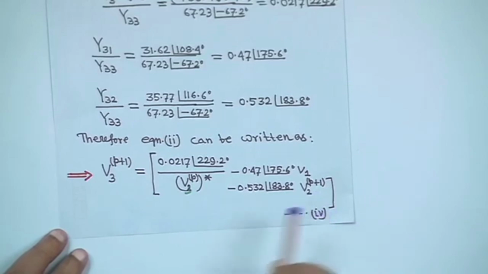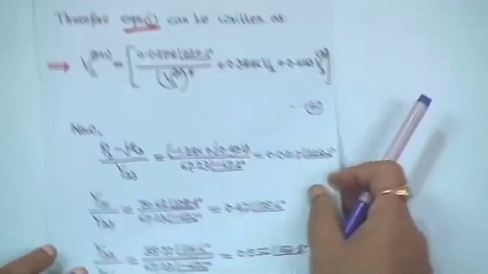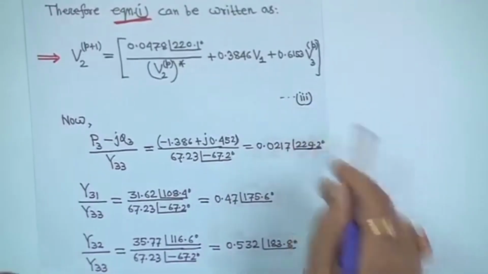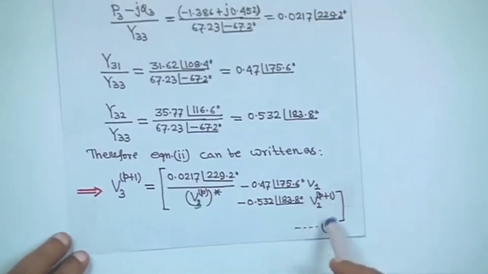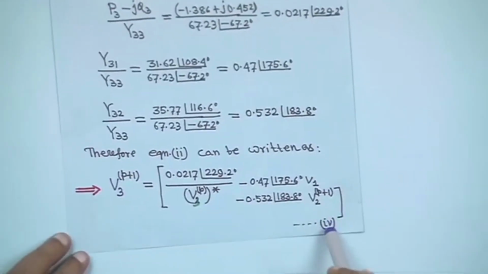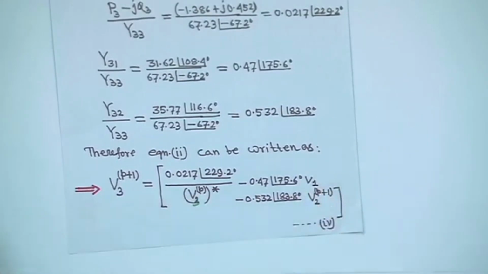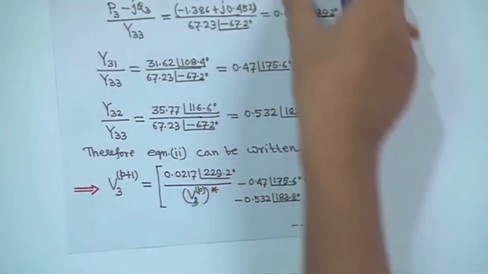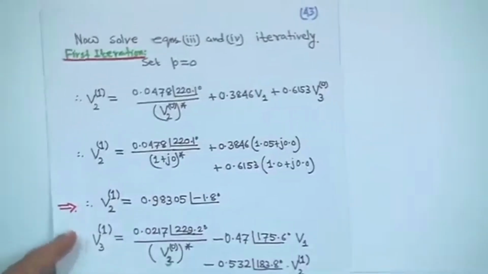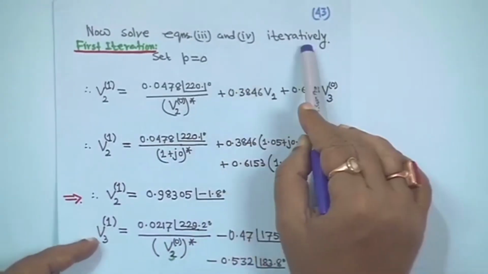This is equation 4. Now, this equation we call equation 3 and this one equation 4. This you have to solve iteratively, right. All the constant parameters you compute first, because those parameters will not change throughout your iterative process. Then you solve equations 3 and 4 iteratively.